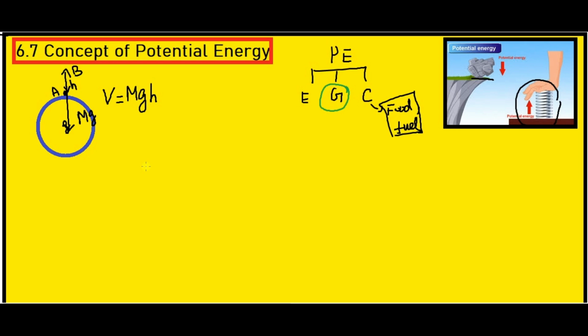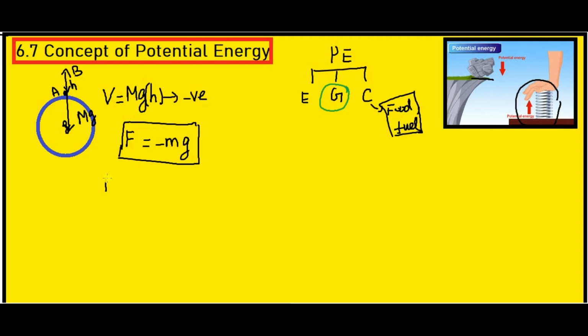Now, if the object moves upwards to the height h, then the gravitational force acting on the object is negative. So here h should be taken as negative, as it's moving away from the earth's surface. Therefore, the force is given by minus mg, or we can say it as the change in potential energy.